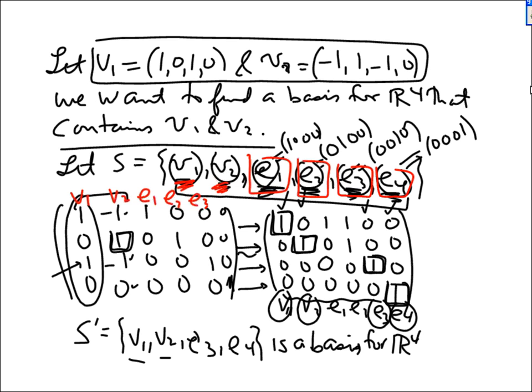If you were to reduce this, and again, please put the vectors you want at the beginning. When you reduce it, you will keep those 2 vectors. And keeping means that columns had a leading 1. And you'll get some other columns that have a leading 1. V1, V2, E3, and E4 are the headings of the columns, and they all have leading 1s. That is your basis for R4.